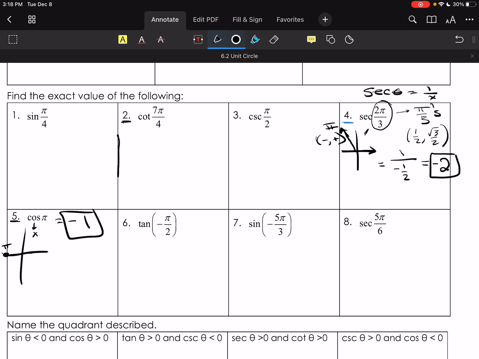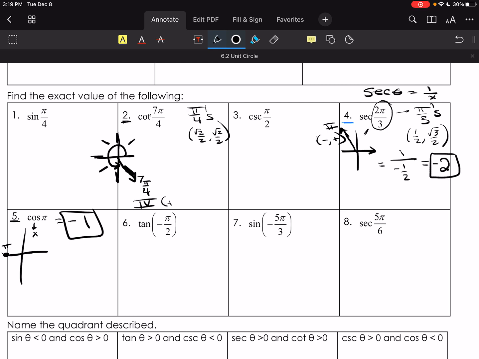So let's count pi over 4s. 1 pi over 4, 2 pi over 4, 3 pi over 4, 4 pi over 4, 5 pi over 4, 6 pi over 4, 7 pi over 4. Okay. Again, reference angle is your denominator, so we want to think about my pi over 4s. So square root of 2 over 2, square root of 2 over 2, and I'm in quadrant 4.